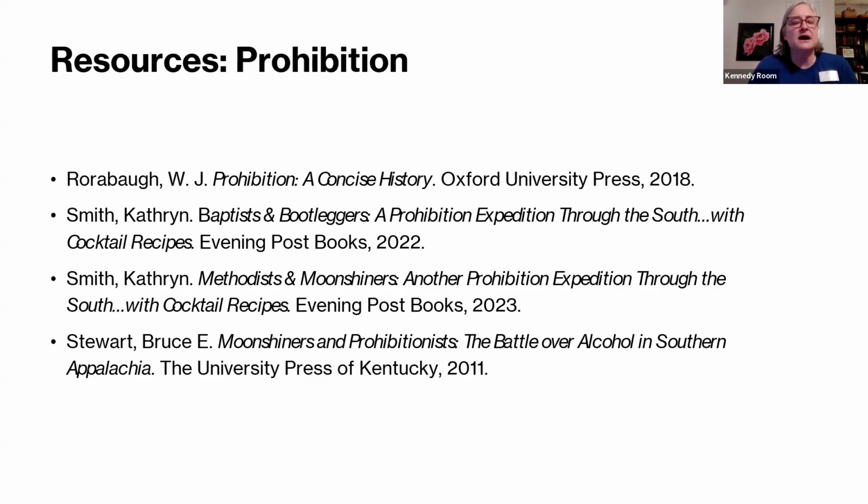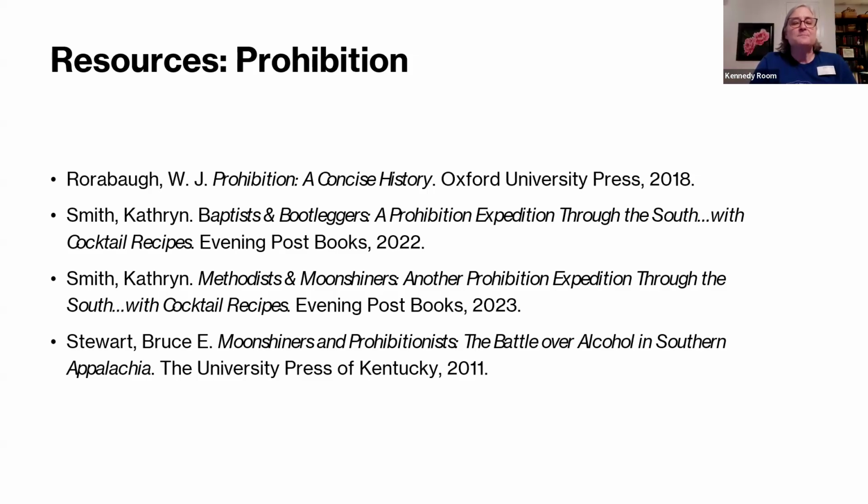And then there's Bruce Stewart's Moonshiners and Prohibitionists: The Battle Over Alcohol in Southern Appalachia. Now, you will notice two of these are from university presses, Oxford and Kentucky. You're going to want to look at the catalogs of university presses. This is where the scholars who are working in American history and social history, economic history, and history of lots of different types of things are going to largely be published.